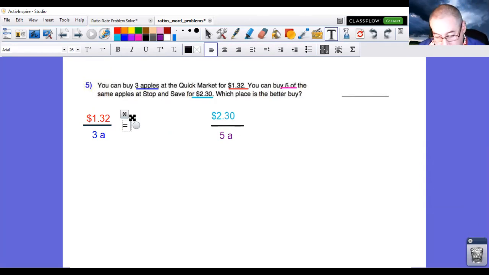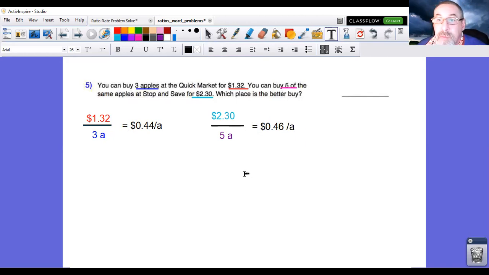$1.32 divided by 3 gives us 0.44 per apple. $2.30 divided by 5 is 0.46 per apple.